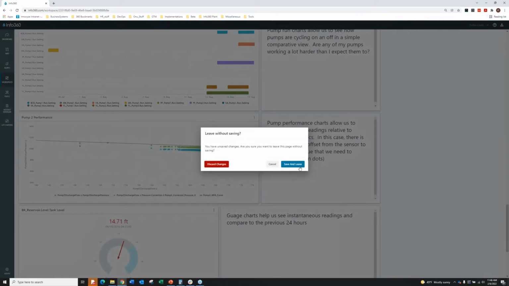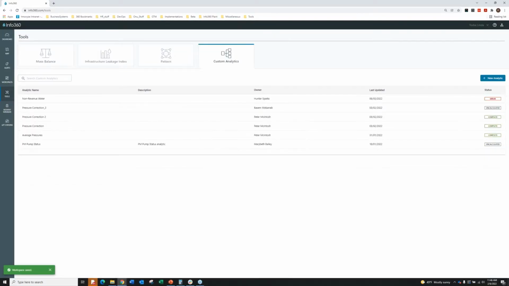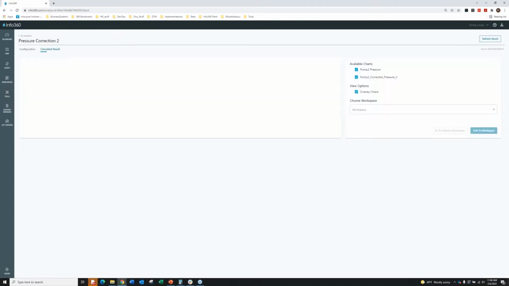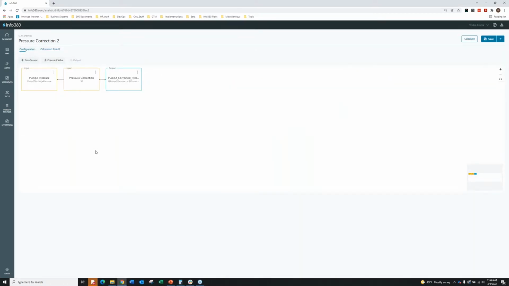I'm going to show you just how I developed my particular pressure correction analytic, and then I will hand over to Hunter, who's going to show a little bit more detail on how we configure this. What I have done here in our custom analytic tool is I've created two inputs.